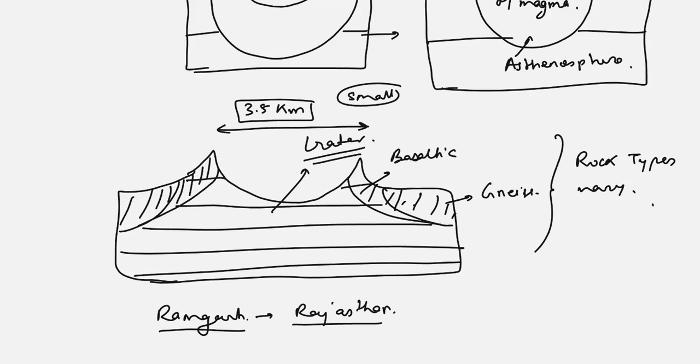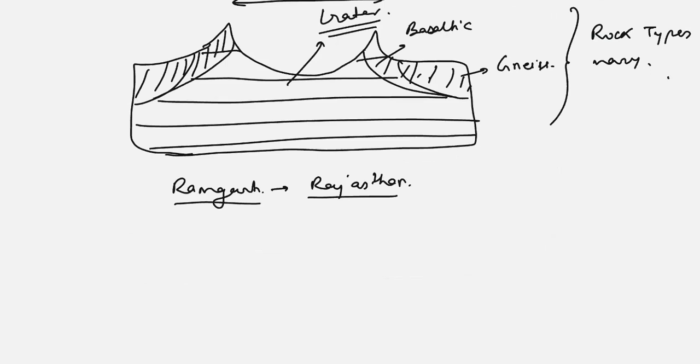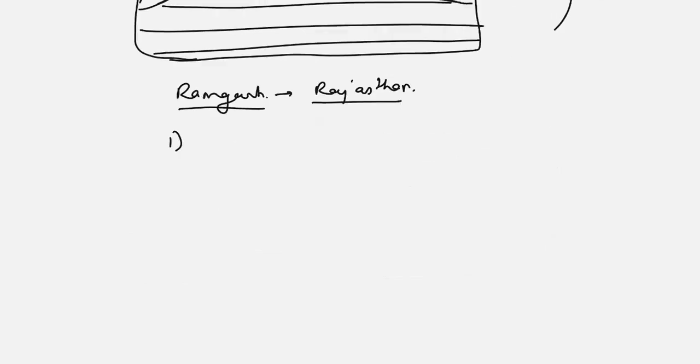So number one, it is explained by the catastrophic model. Now, the same thing has been tried to explain by G.K. Gilbert.